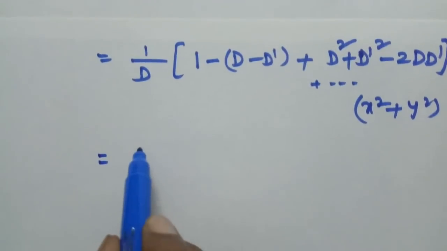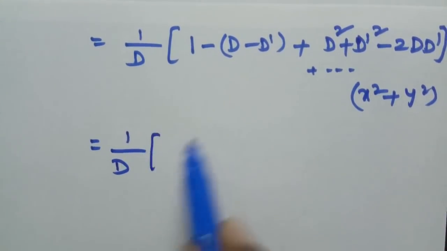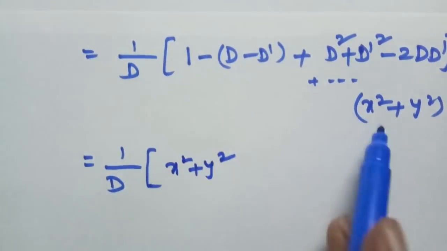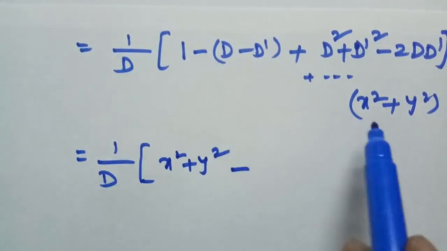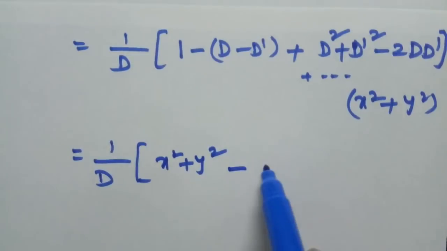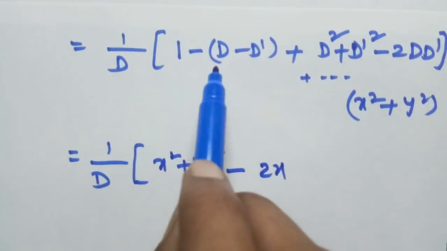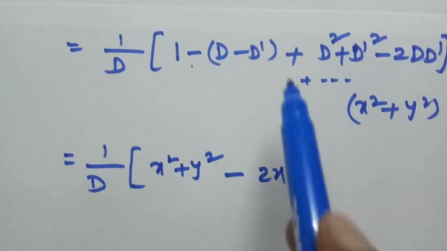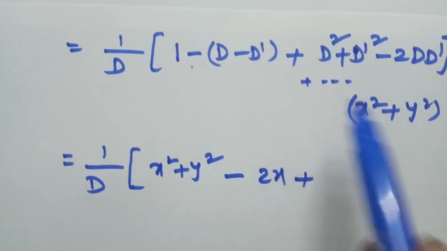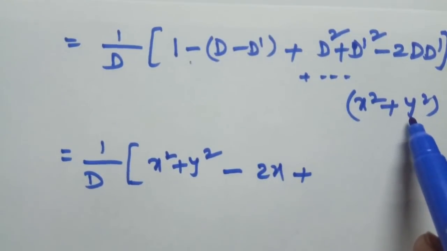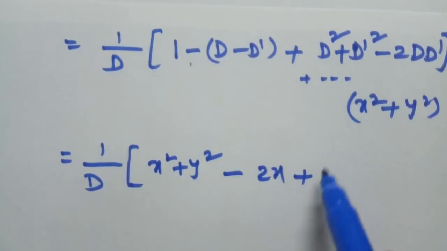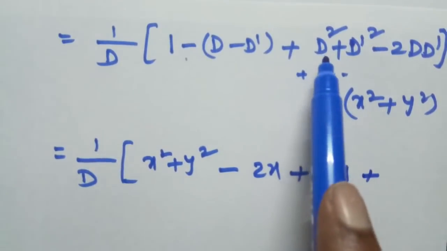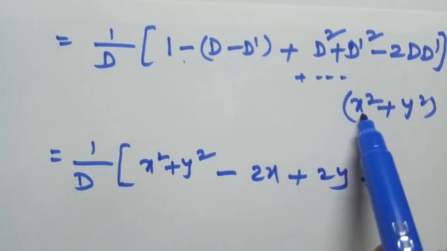Therefore this can be written as 1 by D into: 1 into (x squared plus y squared), minus the partial derivative of x squared with respect to x, that is 2x, the partial derivative of y squared with respect to x, 0, plus the partial derivative of x squared with respect to y, 0, again the partial derivative of y squared with respect to y, 2y, plus the second order partial derivative of x squared with respect to x.